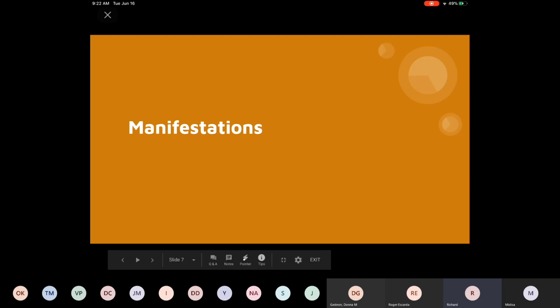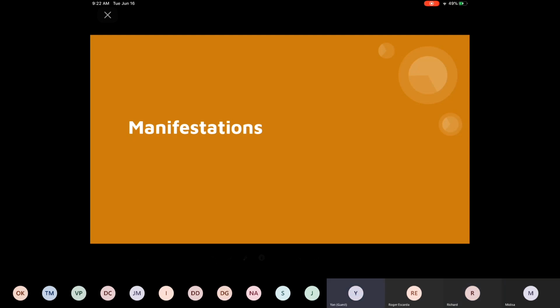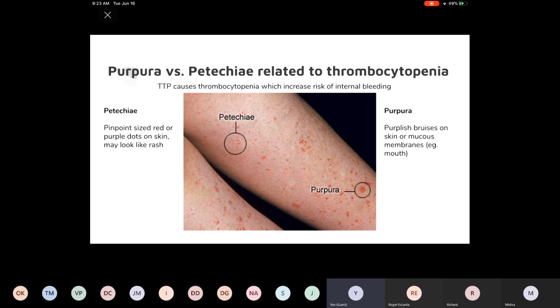Next slide, please. So I will move on and talk about the manifestation, signs and symptoms of TTP. According to the name, TTP is a type of thrombocytopenia. However, it's not a type of thrombocytopenia that is that severe, that will cause massive bleeding typically. Usually we will be looking at a platelet count somewhere between 20 to 50,000 as compared to the normal range of 50 to 100,000.